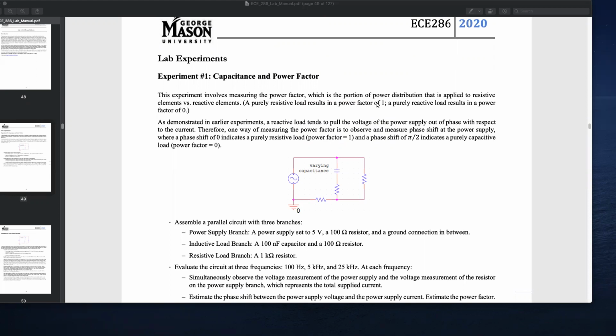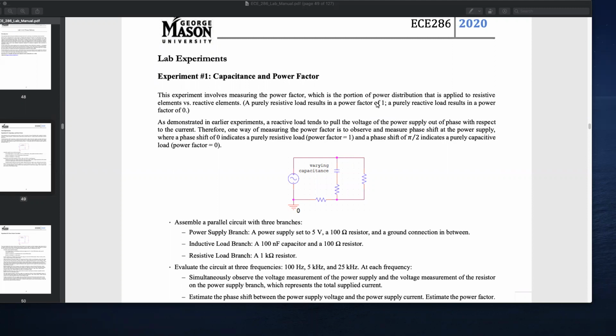The way to measure power factor is measuring the current and voltage, and then determining the phase difference between both of those signals. Unfortunately, the M2K cannot measure current. So what we're going to do instead is measure the voltage across a resistor that's in series with the power supply, essentially giving us the current.